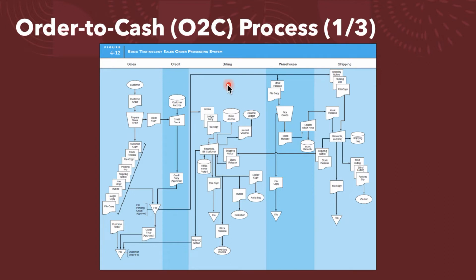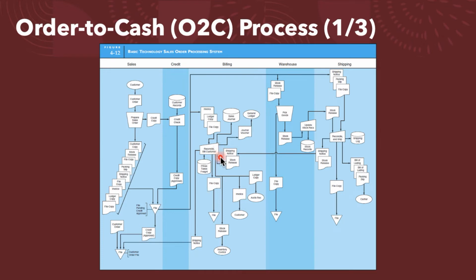Kasi, of course, the billing department, before they can record accounts receivable and the sales journal, they should be comparing documents. So, in this case, the shipping department will now provide the shipping notice and the stock release to the billing, and together with other copies coming from the sales, such as the file copy of the customer order again, the ledger copy, and the invoice, they will reconcile.